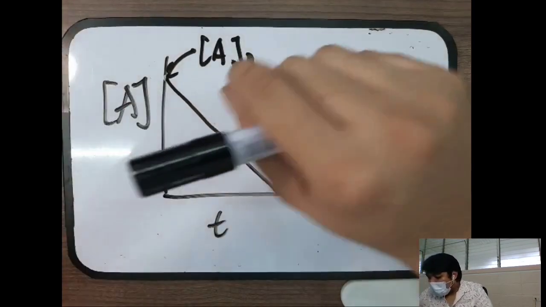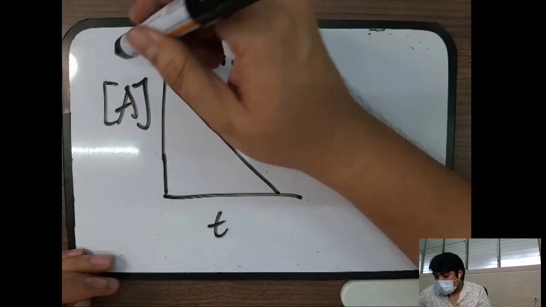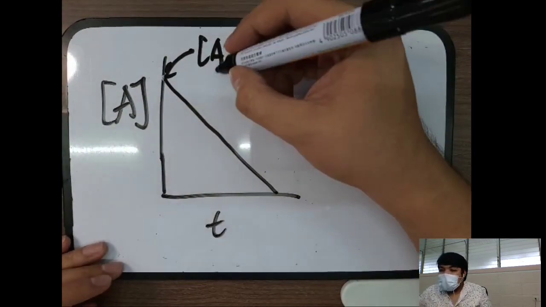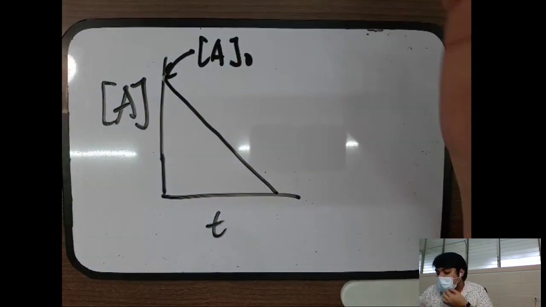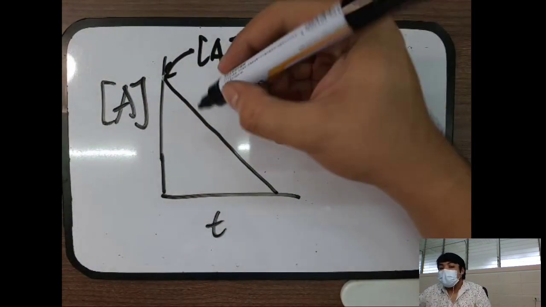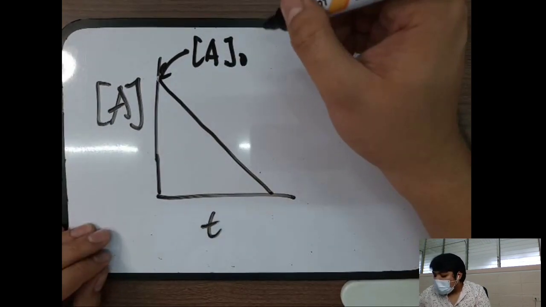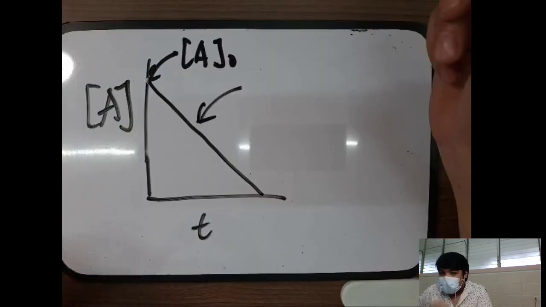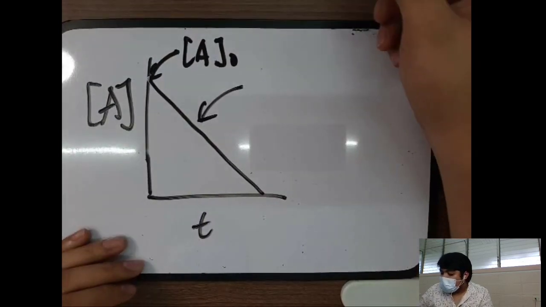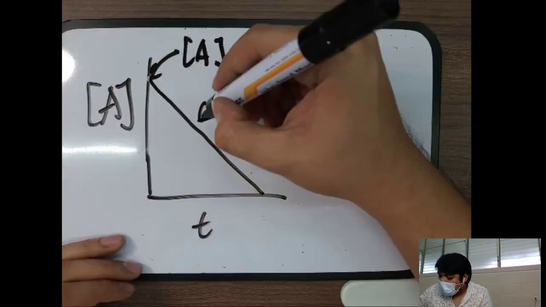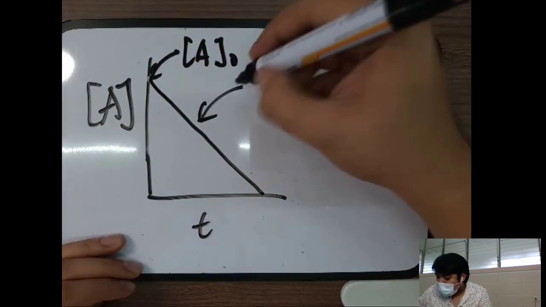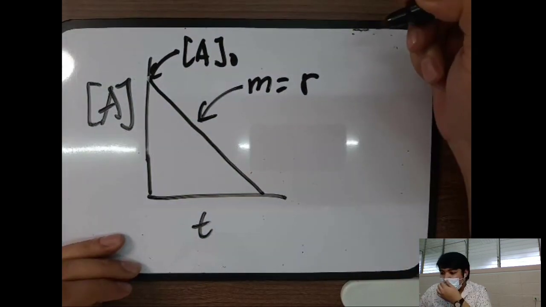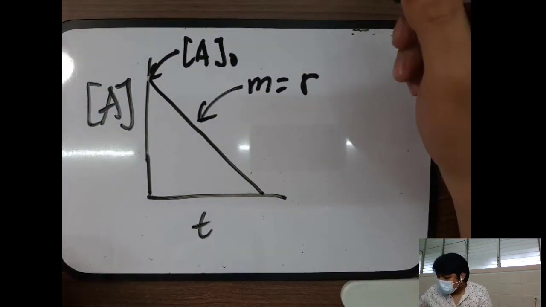Okay? So when you plot a concentration versus time graph of the progress of a zero order reaction, you will get a perfectly linear graph. If you remember our first part on the instantaneous reaction, the slope of this graph is our rate of the reaction. It's the overall rate of the reaction, right?